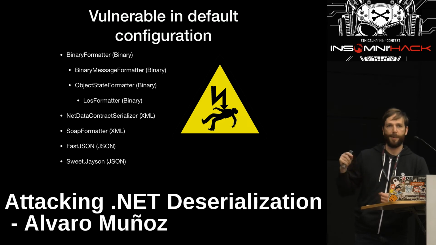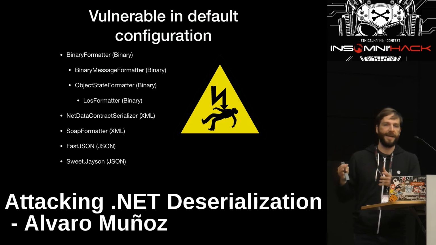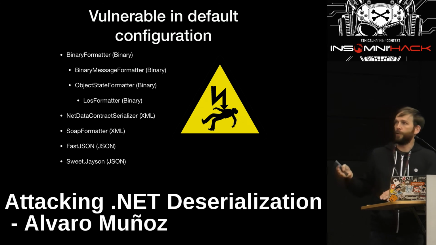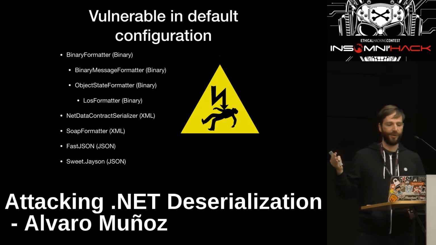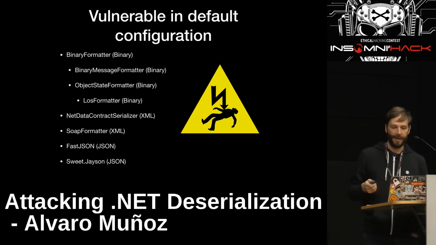So if you are capable of sending an arbitrary message to a message system, they will be using BinaryMessageFormatter, which is as vulnerable as the BinaryFormatter. Also, ObjectStateFormatter is the one used to serialize the ViewState data in ASP.NET. Because of that, we will be able to get arbitrary code execution in ViewStates if we know how to modify the ViewState without breaking the signatures. But we will see that later.